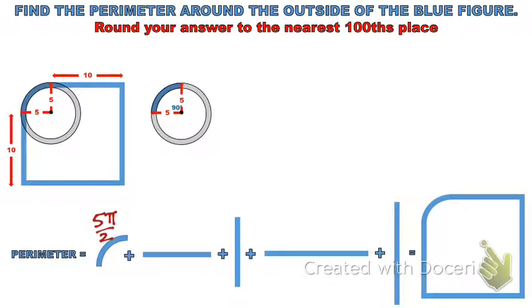The shorter horizontal line segment was 10. The shorter vertical line segment was 10. The longer horizontal line segment was 15. And the longer vertical line segment was 15. So when we add those all together, we get the shape that we're looking for. So this is 15. This is 15. This is 10. This is 10. And this is 5 pi over 2.